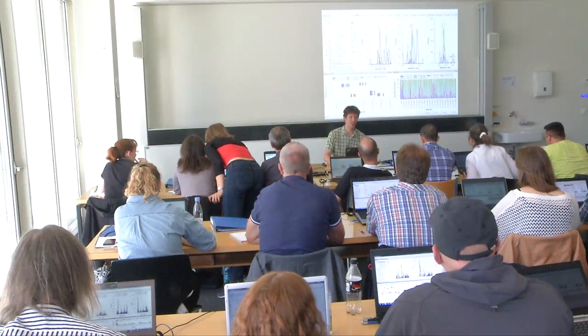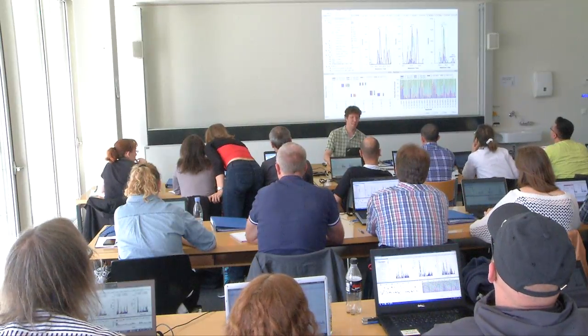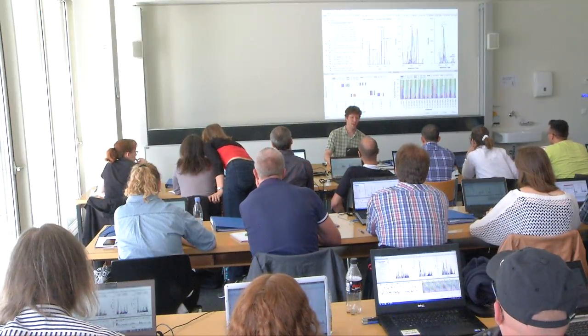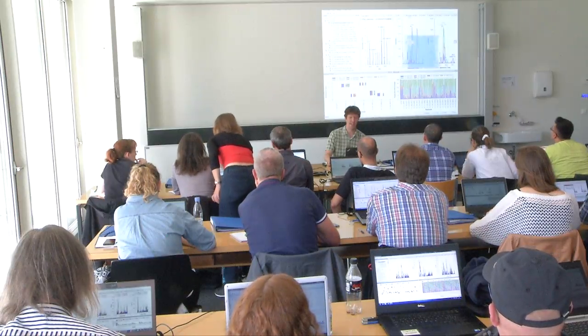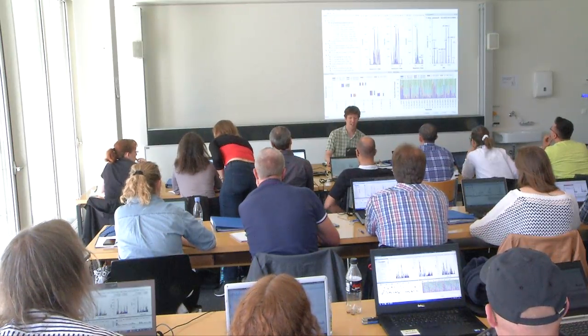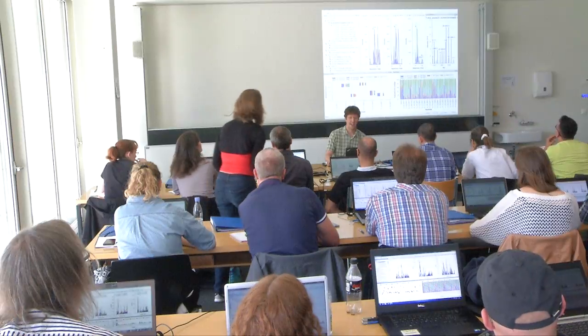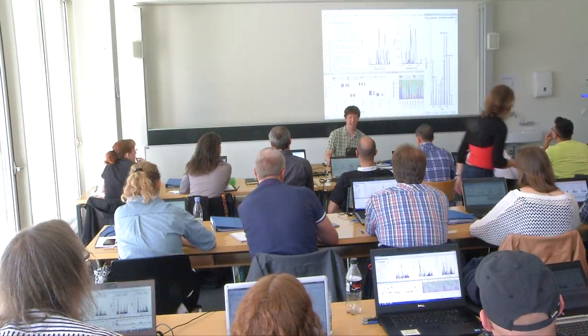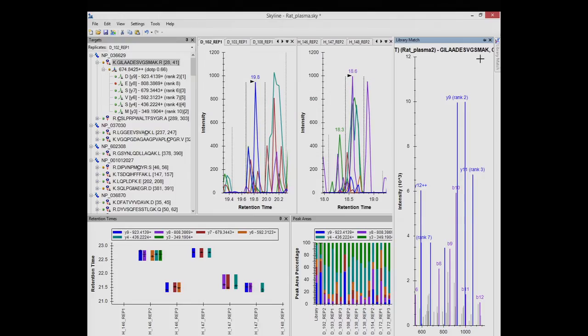So if I go view library match, I'm going to grab this and just dock it onto the edge here, and then I'll unpin it. So now I can pop it out and look at it if I want to, and then it goes away when I don't want it.